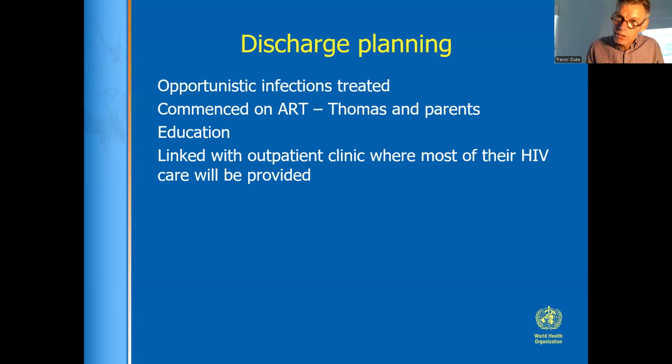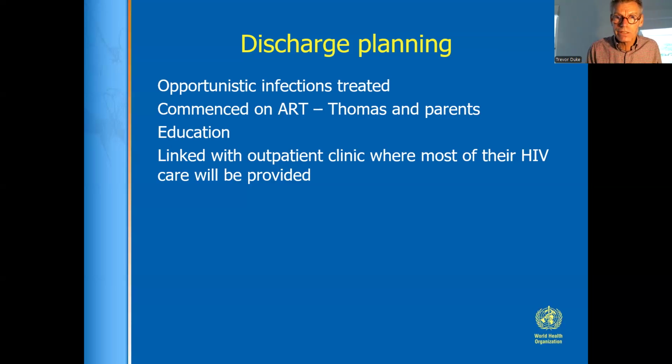There needs to be a continuity of care from hospital care to clinic-based care to outpatient-based care, and the outpatients might be at the hospital, or it might be at a clinic or a health centre which is closer to where the child lives. And so liaison and communication has to happen, and really good communication, both written and verbal, has to happen.